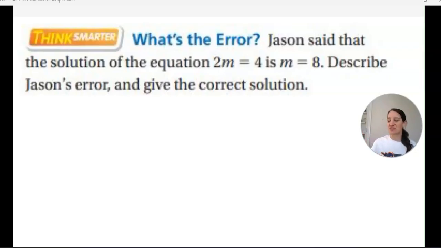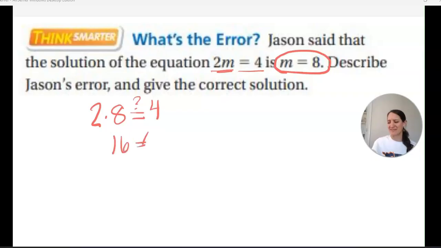Jason said that the solution for 2m equals 4 is m equals 8. Is that correct? Well, let's try it. 2 times 8. Does that equal 4? No, that equals 16. So m equals 8 is not the solution. The correct solution is m equals 2.